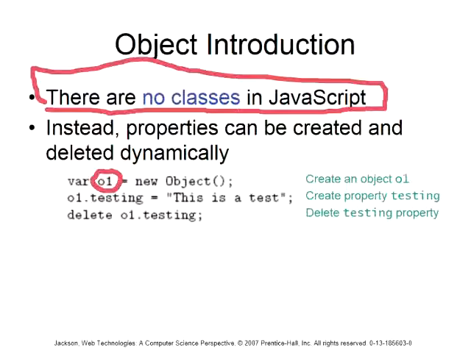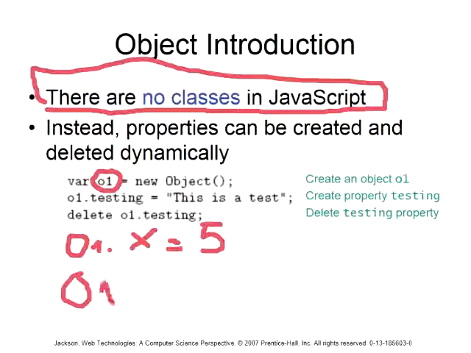In this case, we create an object, and when we create this object, we can create a property for this object by writing o1.testing equal "this is a test". I can write also o1.x equal 5. So in this case, our object has two properties.